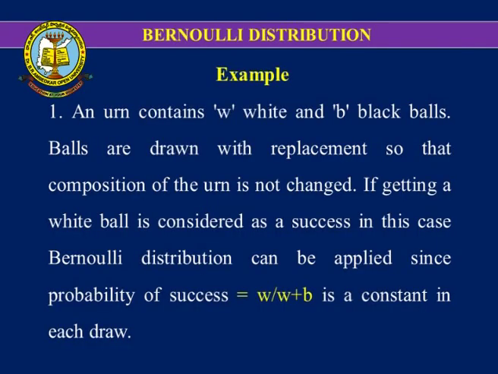For example, the Bernoulli distribution: already I explained two examples. In the same way, in an urn there are two colored balls. One is white, which we can represent as W, and one is a black ball, represented as B. Here we can draw one out of these two balls.